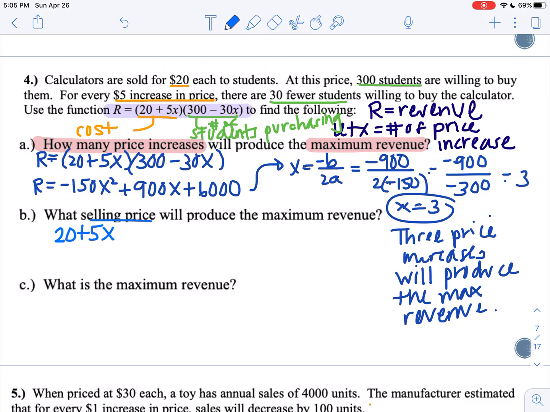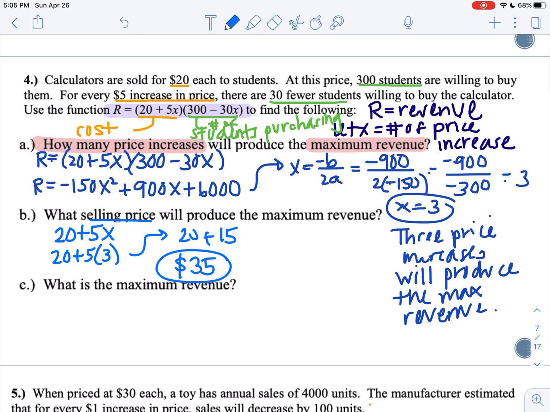If I'm increasing the price 3 times, 20 plus 5 times 3 gives me 20 plus 15, so it's $35. So with 3 price increases, my selling price will be $35.